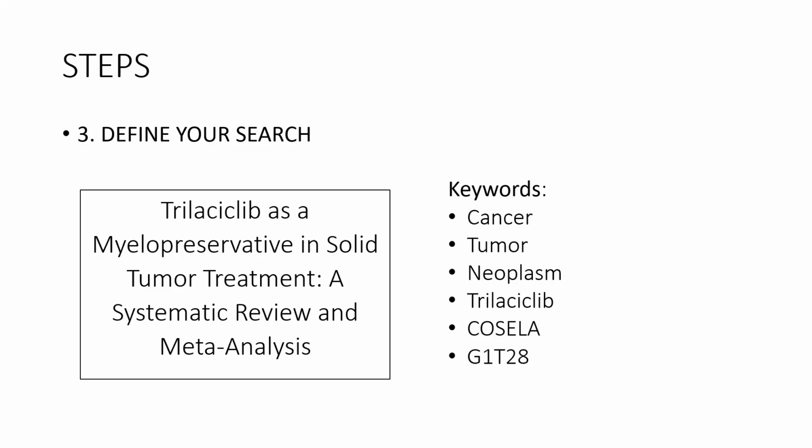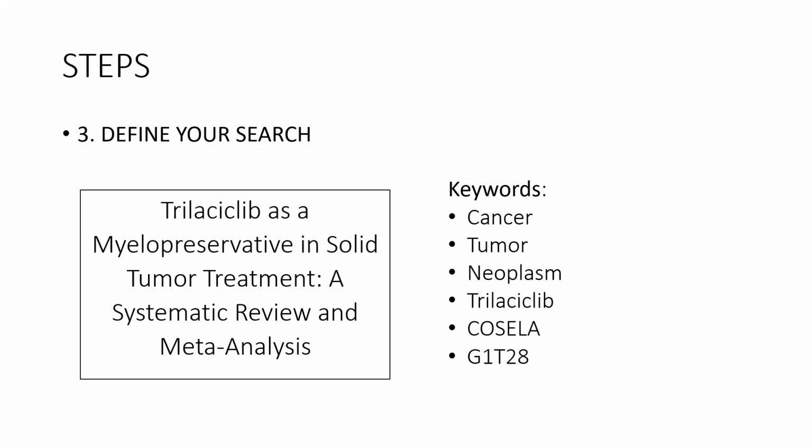So first, I define the keywords that I want to use. I define cancer, tumor, neoplasm, trilaciclib, Cosela, and G1T28. Why do we have to use cancer, tumor, and neoplasm all together? Because not all studies, for example randomized controlled trials, will have in their title "trilaciclib in the treatment of cancer."